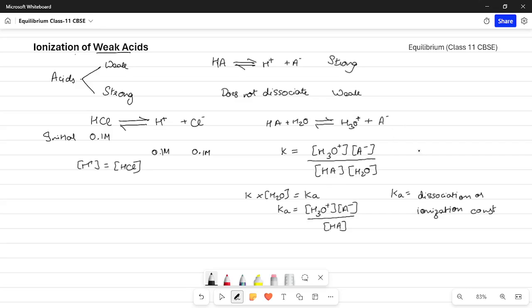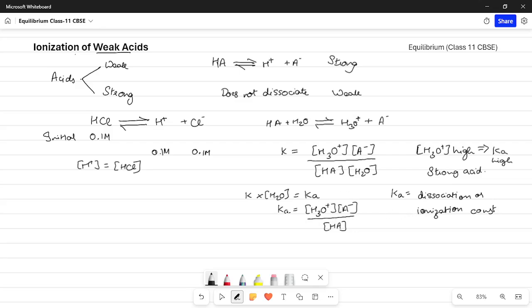So when you have a high concentration of H3O plus, it will imply that the Ka is high. This in turn implies that when you have a high value of Ka, it's a strong acid. So this is the equation for the dissociation constant.